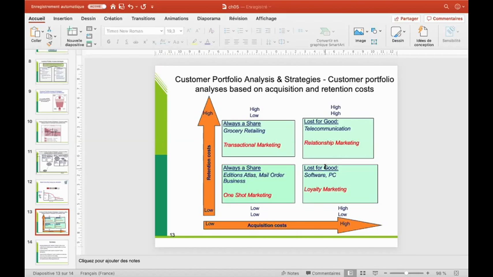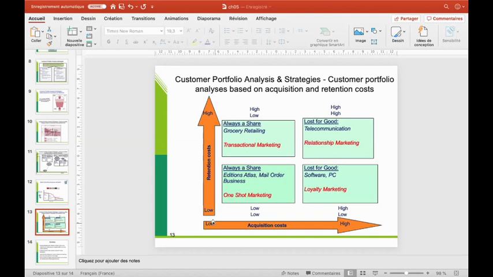Because if you lose them, they are lost for good, and then it might become difficult for the brand to win new customers. On the other hand, in retail, these are always the share markets, or even worse, you have some markets where you do one-shot marketing. The acquisition costs are low, which means that it does not make sense to develop relationships.